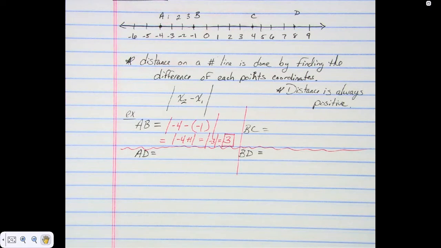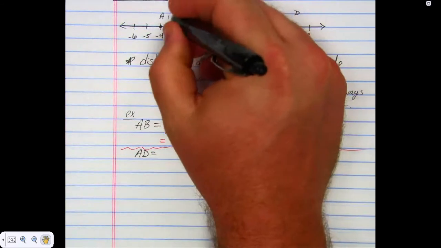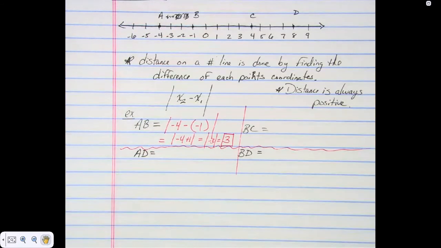Hey, I'm all for doing things easier too. However, what if A's coordinate was -586 and B's coordinate was 1,245,000? Do you want to count all those spaces? No. So we have to have an alternate way when it's not that easy.